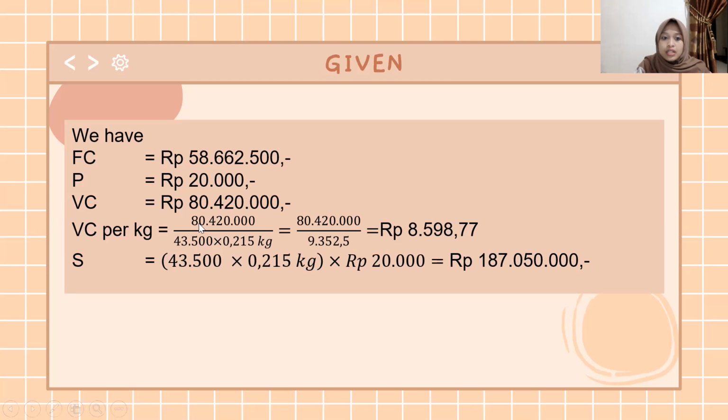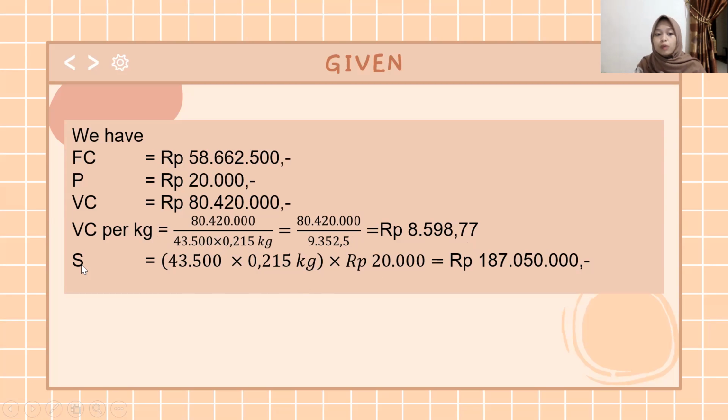We have the VC of 80 million and so on over 43,500, which is the total tails of fish every harvest, and 0.215 is the average weight per tail of fish. So we get the VC per kilogram, which is 8,000 and so on.